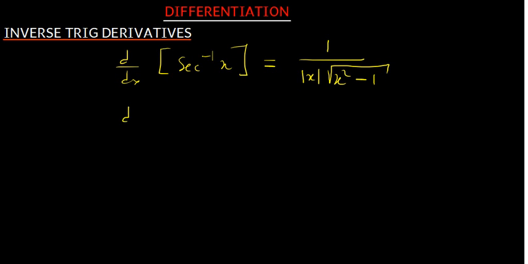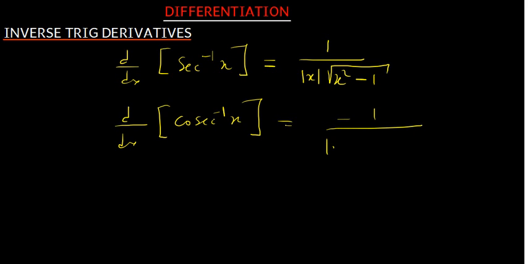And then the derivative of the inverse for sine is cosecant. So cosec inverse x, if we differentiate this, we're supposed to get negative 1 divided by the absolute value of x, and then we have got the square root of x squared minus 1.